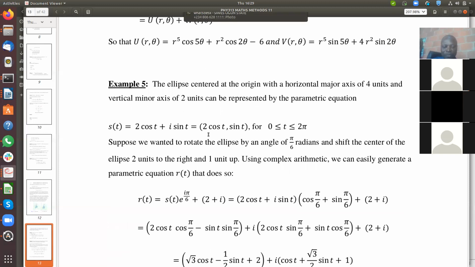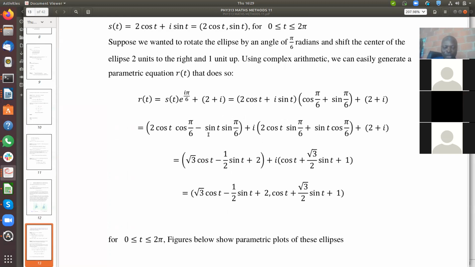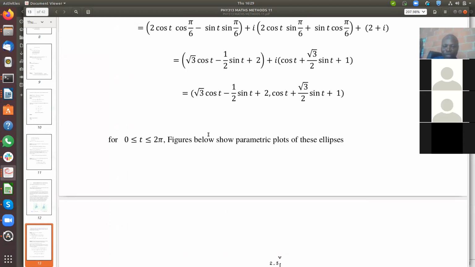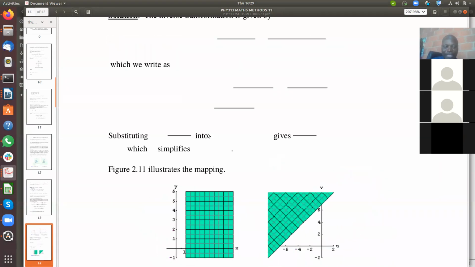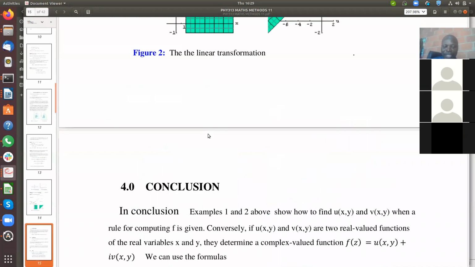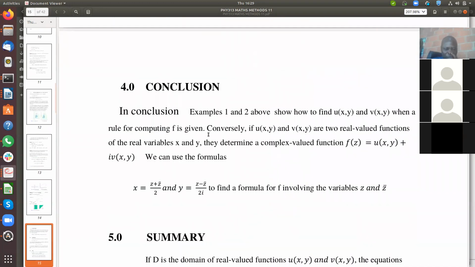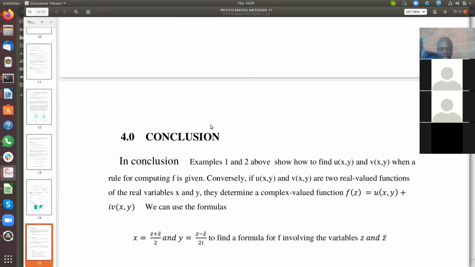So you have to try to look at all these examples at your own convenient time and understand the procedures needed in solving them. So in conclusion of the class for today, you see that example 1 and 2 above have shown how to find u of x,y and v of x,y when a rule for computing f is given.